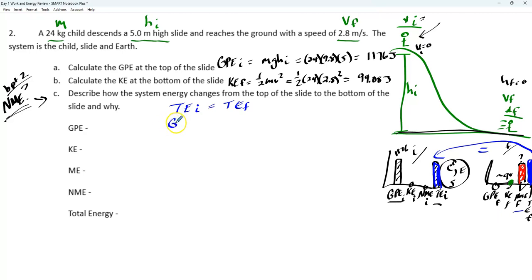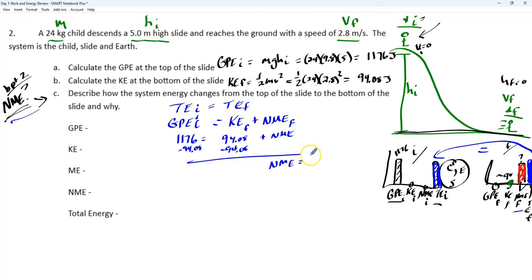So in the beginning, it's all GPE. At the end, it's kinetic energy and non-mechanical energy. Finals here. This is initial. So 1176 equals 94.08, and then we're looking for the non-mechanical energy. That's this part here. To do that, you just subtract 94.08 from both sides.